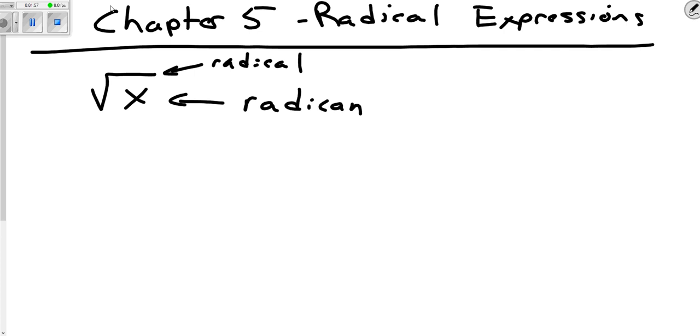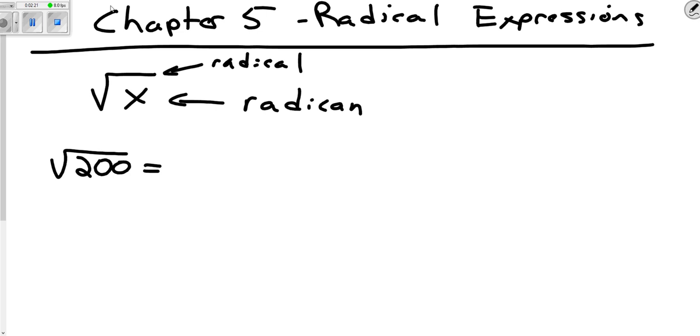Stuff we did in grade 10 is I would give you something like the number 200. What's the square root of 200? 200 is not a perfect square, so you would break it down. Remember, I always said to find factors, use factors and numbers you know the square root of.